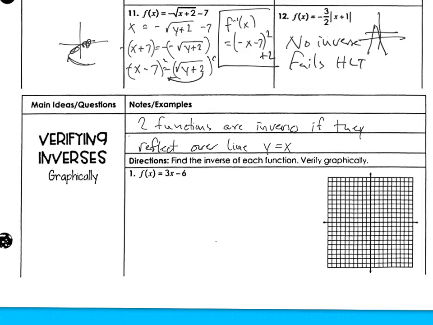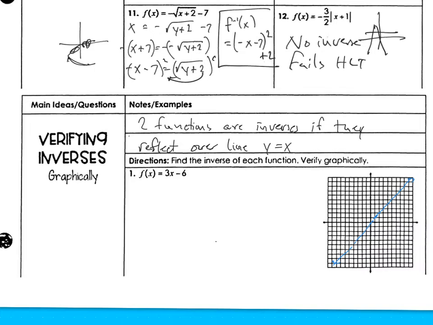So y equals x is that line that goes diagonally through the grid: 0, 0, 1, 1, 2, 2. So this is the line. I'm just going to put that on there. And so you'll see here in a second, when we draw these graphs, that these 2 graphs will fold on that line and they will match up. Now obviously we're not going to be able to fold it on the screen, but if we had a piece of paper we could fold it and see that.